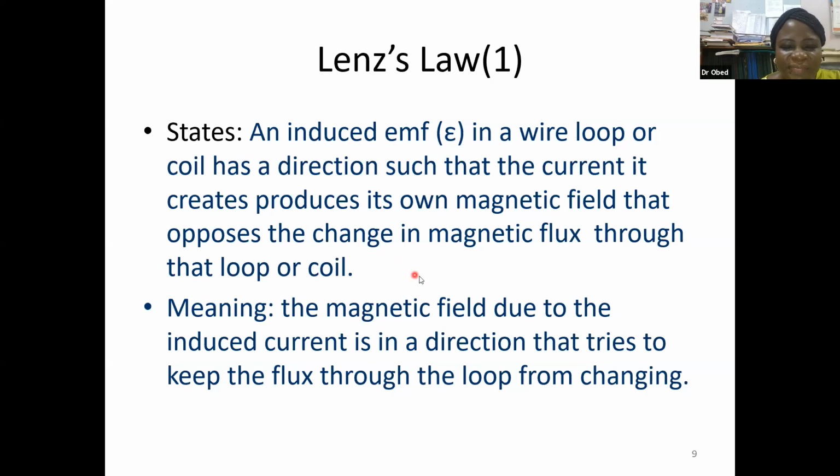So what's the meaning of this? It means that the magnetic field due to the induced current is in a direction that tries to keep the flux through the loop from changing. That's Lenz's law.